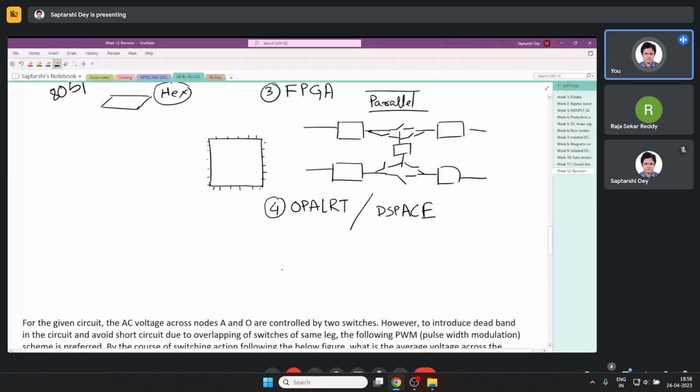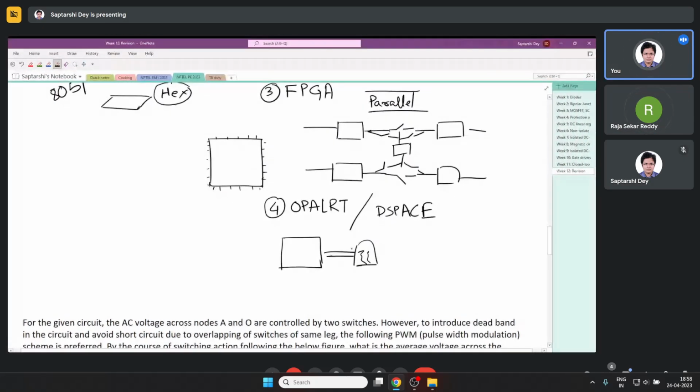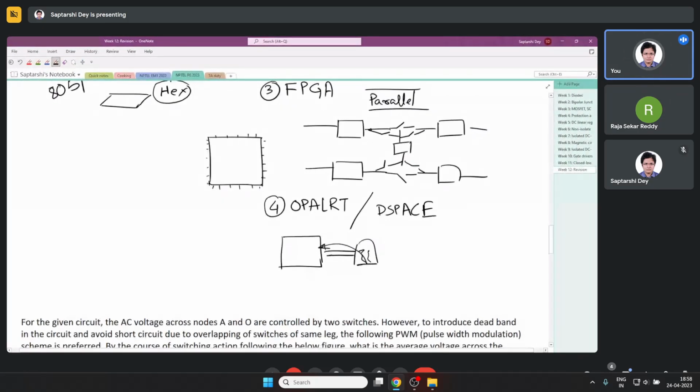If you have one Opal RT, simply connect it to your laptop, make a Simulink code, dump it, and your control circuit is ready. Generally people use all these things for research purposes. You understand? In research we need flexibility. Even as a company, when you are doing research at the development stage, you need flexibility.